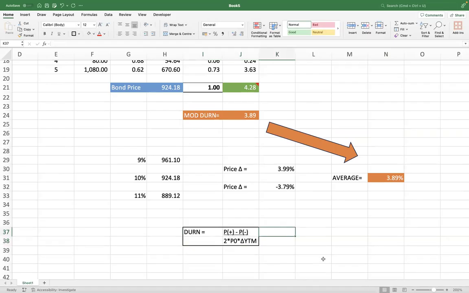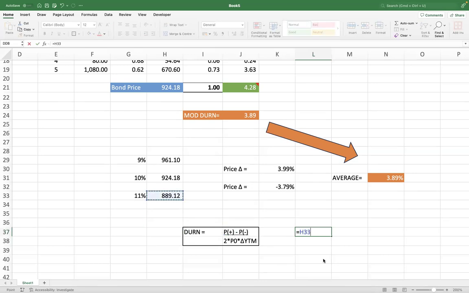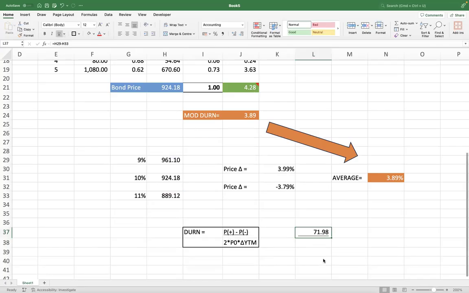What is P plus? P plus is the increased price, which happened because the yield fell. What is P minus? The decreased price, which happened because the yield rose. What is P naught? The current price. What is the change in yield? 1%. So if I do that, what do I get in the numerator? P plus is 961. P minus is 889. This is your numerator.